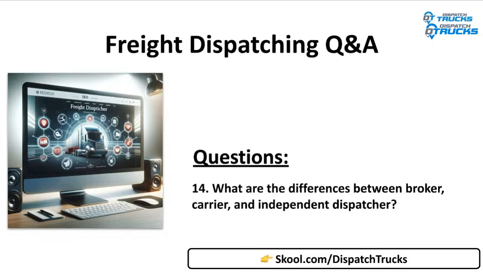Now, question number 14: what are the differences between a broker, carrier, and independent dispatcher? Great question. Let's talk about the players in the game. We have shippers, meaning manufacturers. These people have loads. And we have carriers.